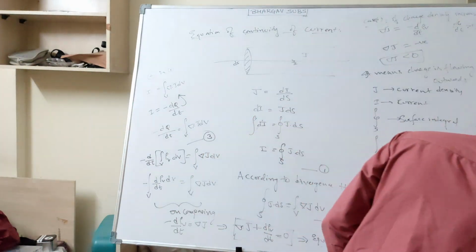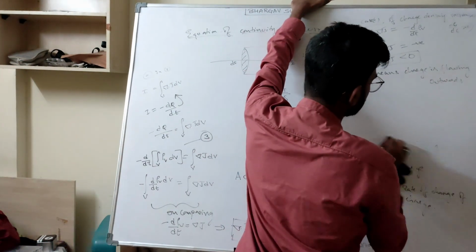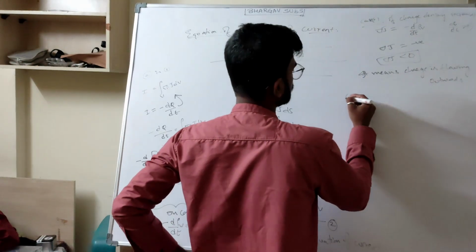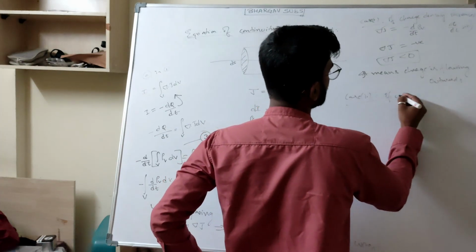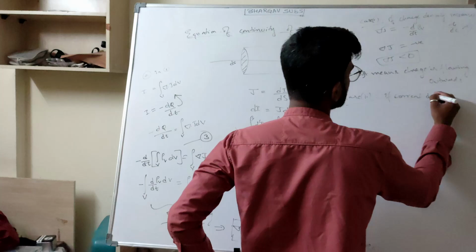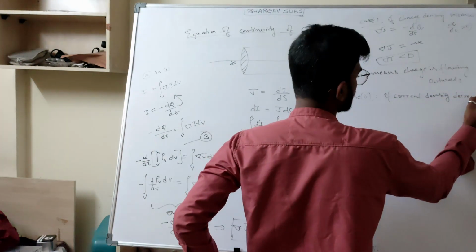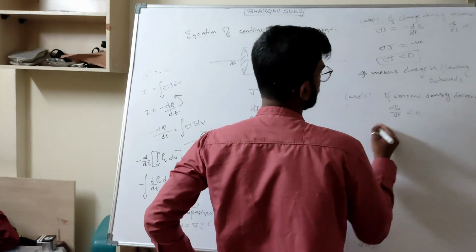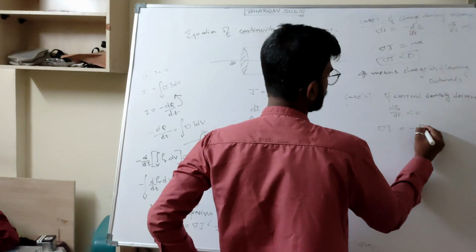Now the second case. What is the second case? If the current density decreases, correct. So case 2: if current density is decreasing, then d rho v by dt is less than 0, correct. So gradient j is equal to minus d rho v by dt.